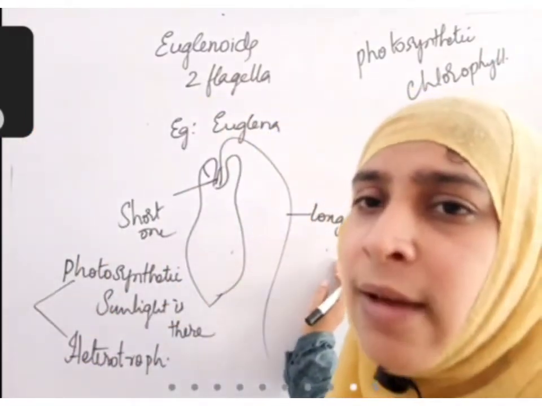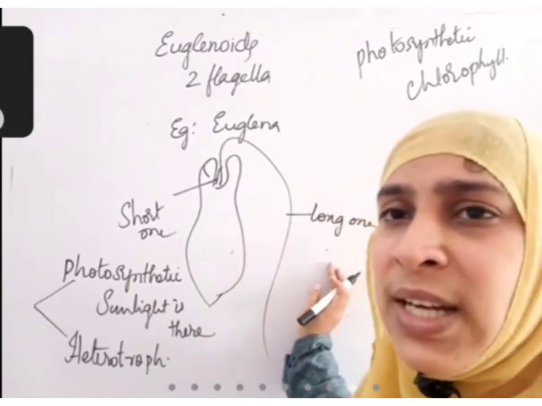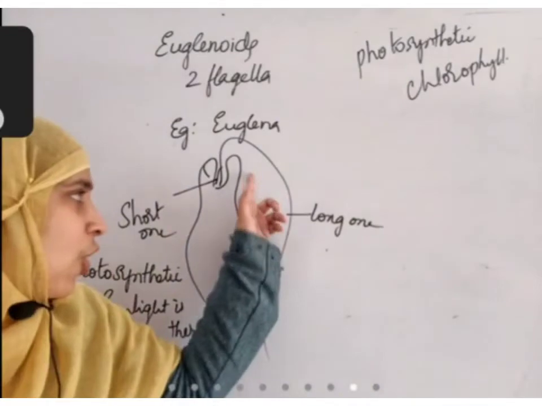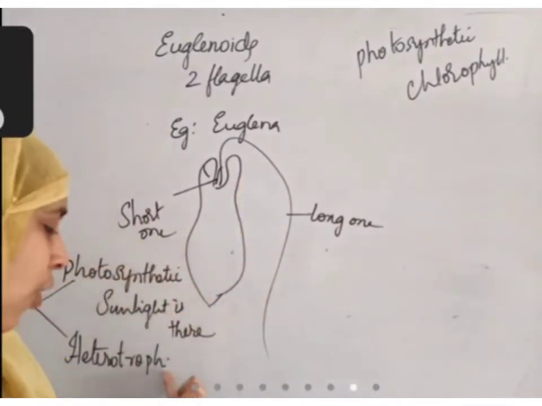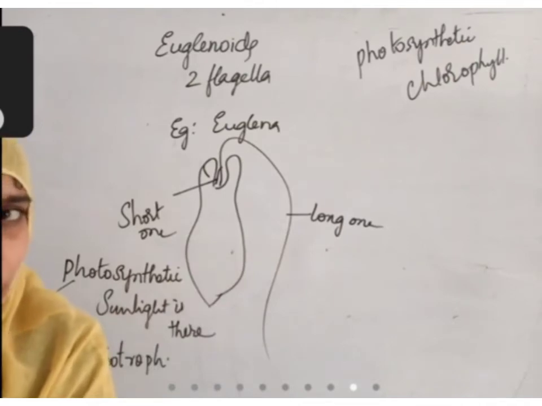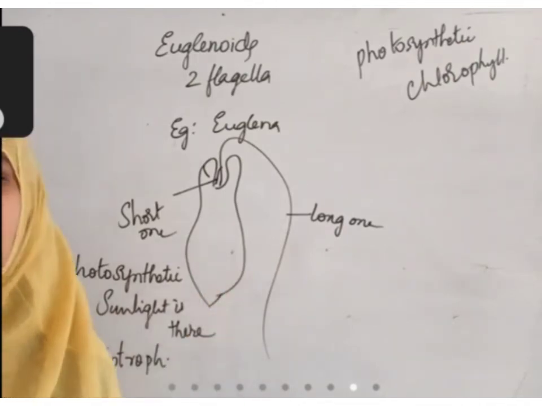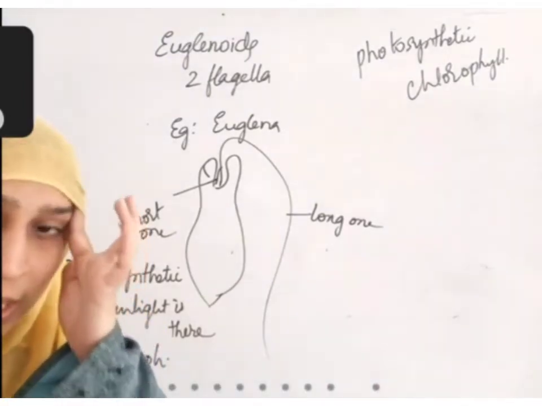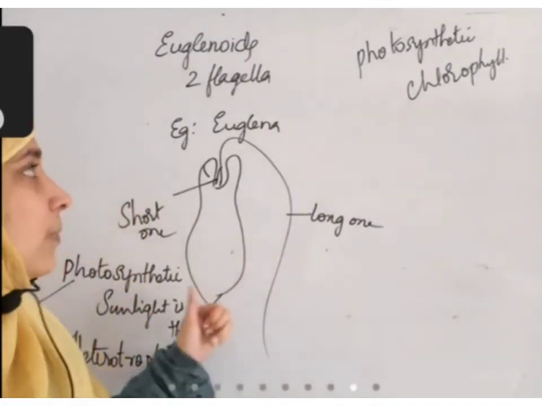So initially when Carolus Linnaeus classified this, he put Euglena into plants. But because it has flagella and shows some heterotrophic nature, it is excluded from plants, okay. And moreover it is motile, it can move from one place to another. Plants are not motile, they are fixed to the soil, right.